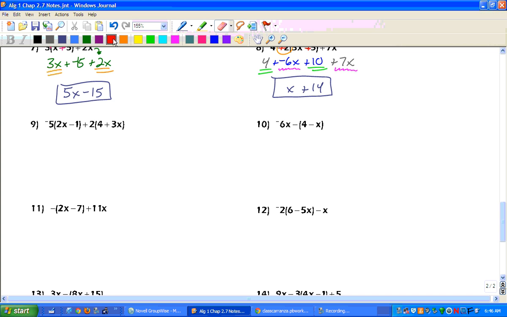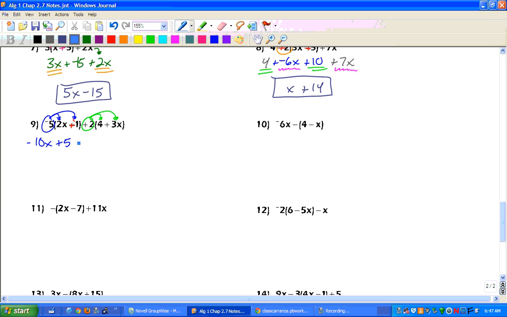All right, now for number 9, let's go through and complete the click clicks, which is just that 1. And we have 2 separate things we're going to be distributing, okay? So in our first one, negative 5 times 2 gives us negative 10x, and negative 5 times negative 1 gives us positive 5.